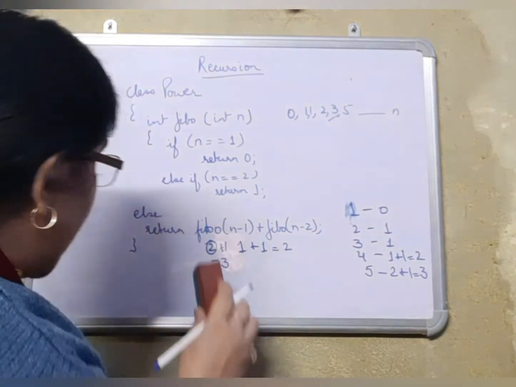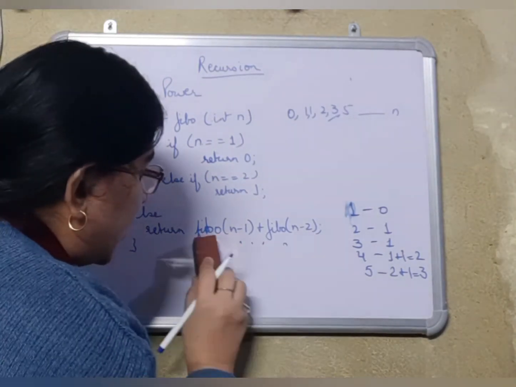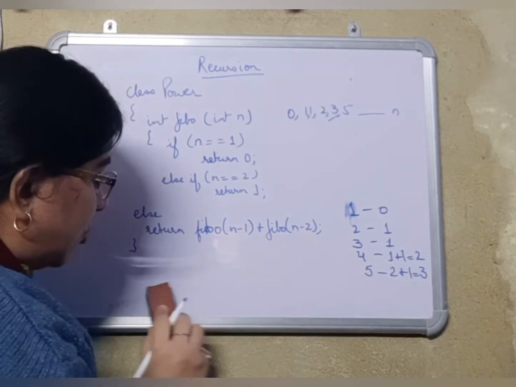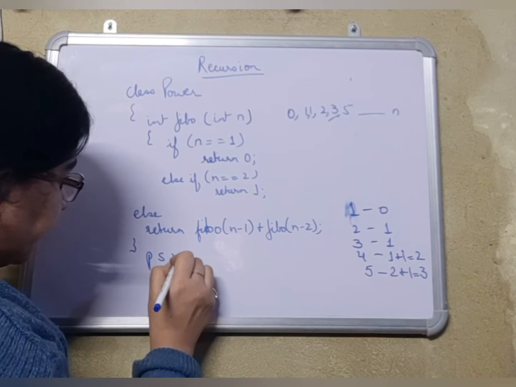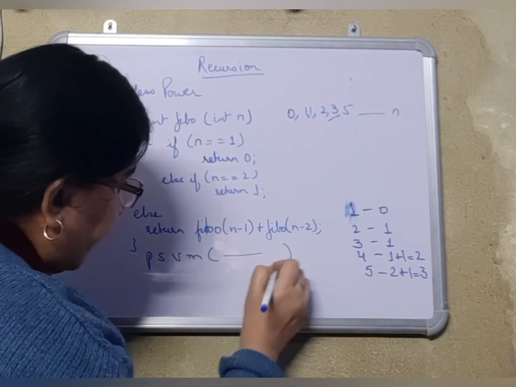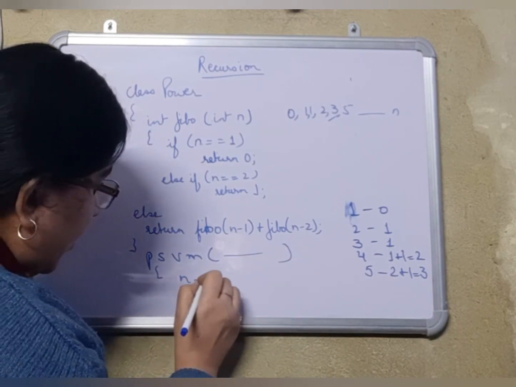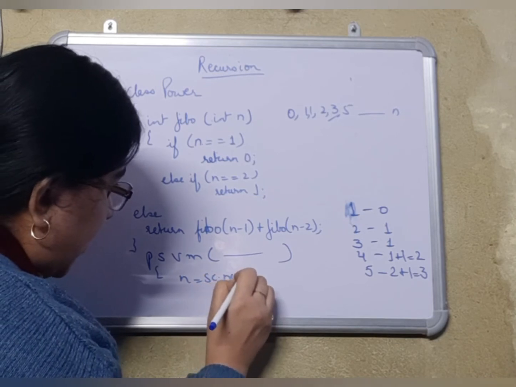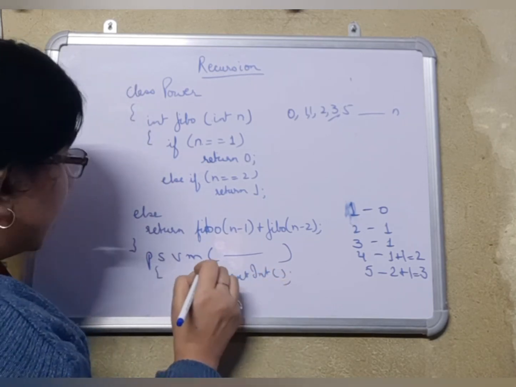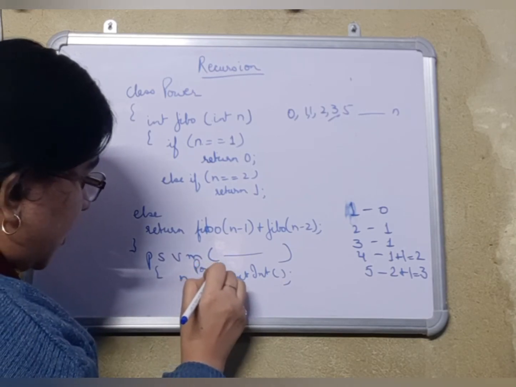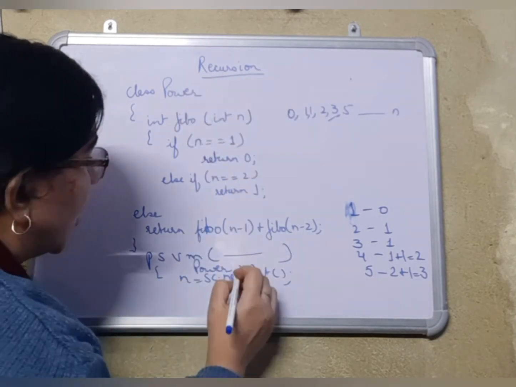Now as far as main is concerned for this program, in main we'll run a loop after taking the limit. We have taken a limit here and we'll be creating our object. I didn't change the name of the class, it's okay.